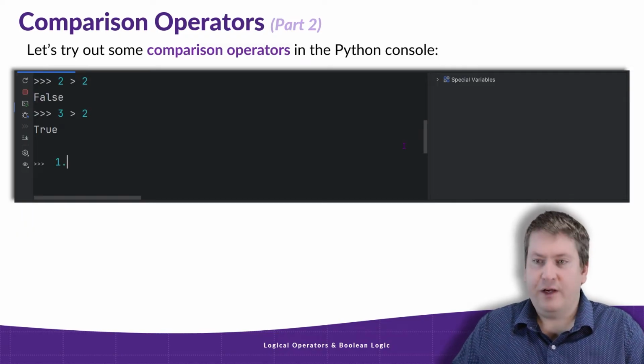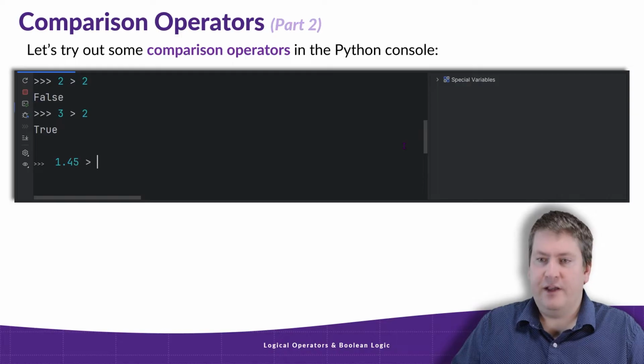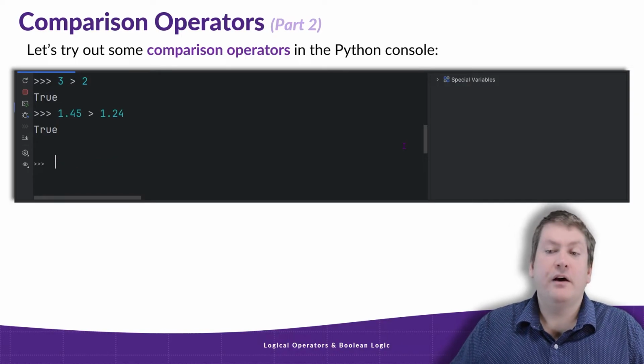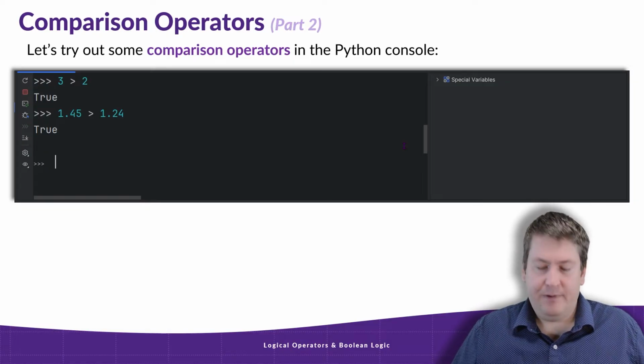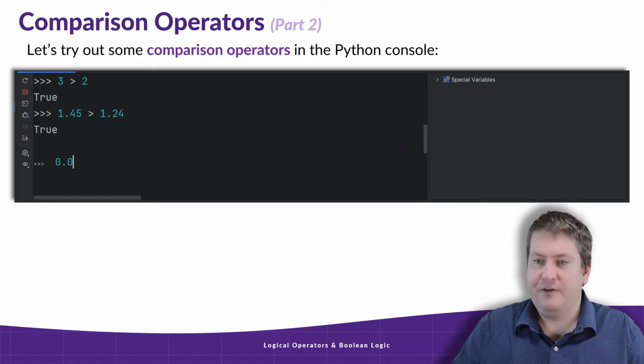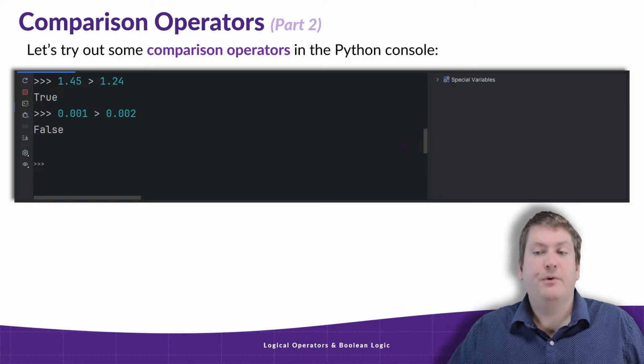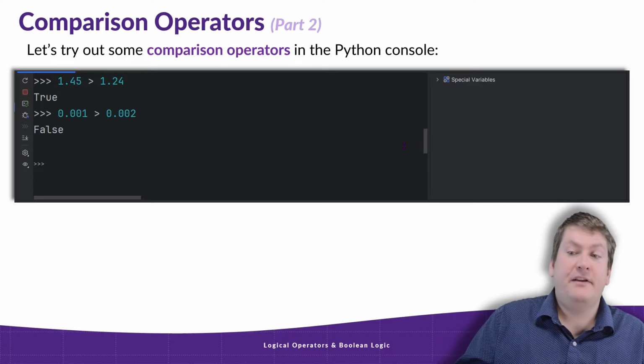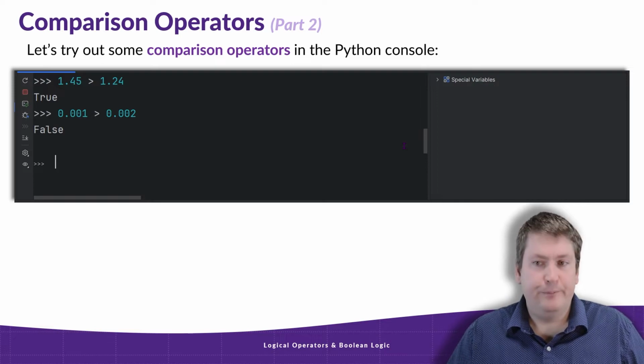So if we had 1.45 is greater than 1.34, or 1.24 rather, we also get true here, and we can see the opposite. We could do something like 0.001 is greater than 0.002, and you can see we get false because 0.001 is less than 0.002.